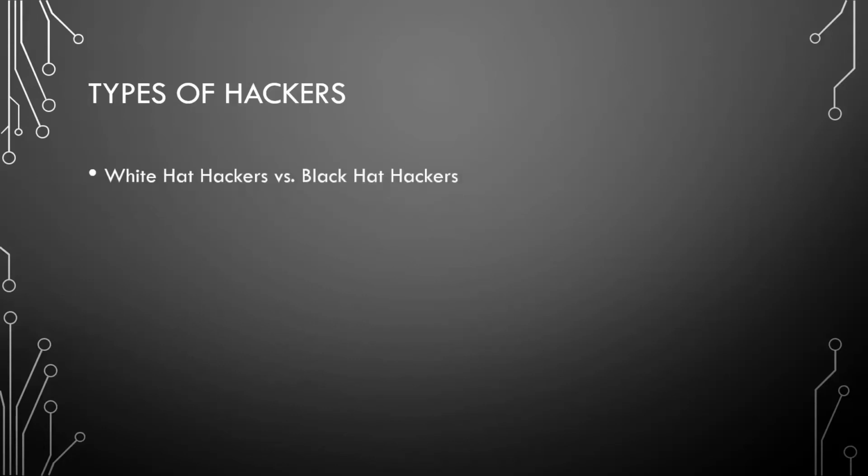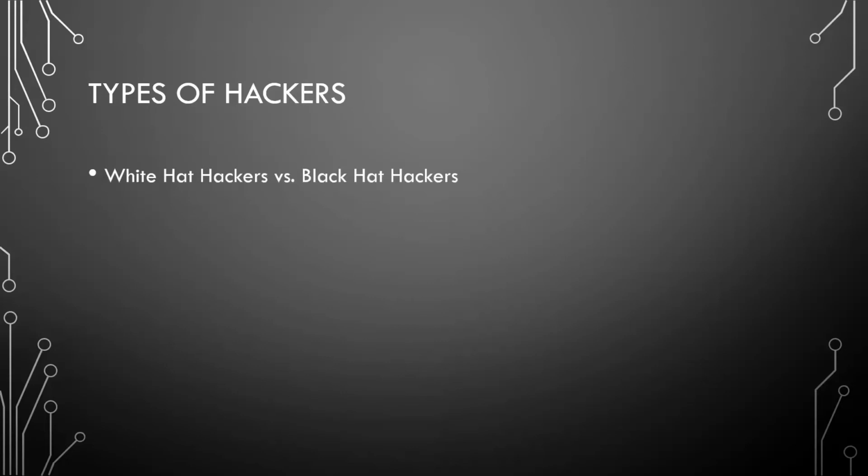We have, for example, white hat hackers versus the black hat hackers. And these are very true categorizations. The white hats are persons who have been given authorization to conduct penetration scans. They have a written agreement, perhaps with a company, and that details the type of scans that they will run.